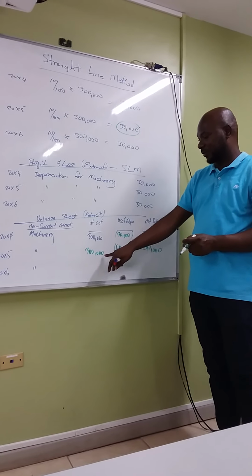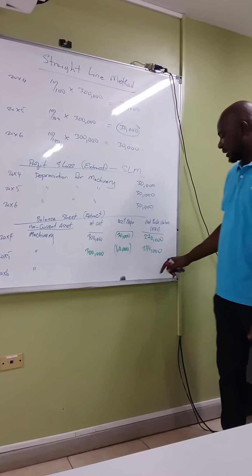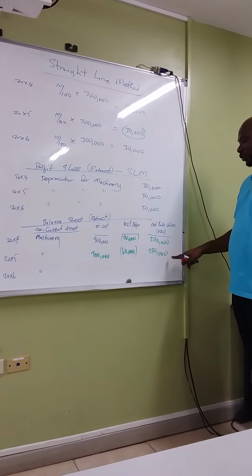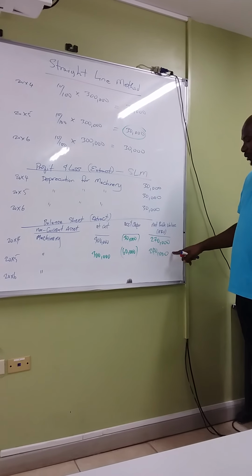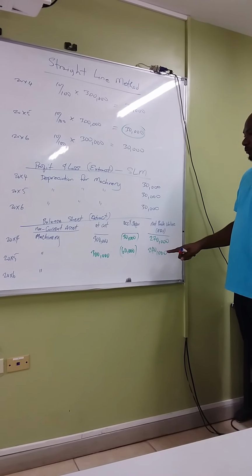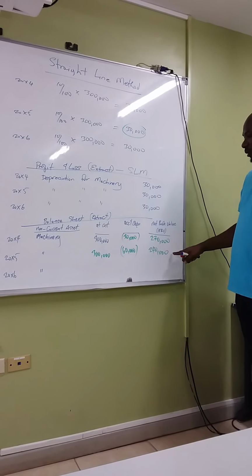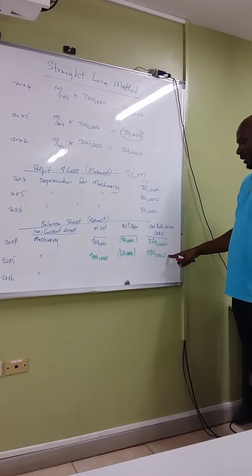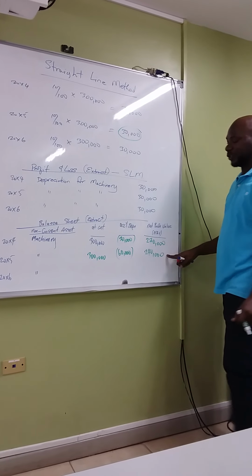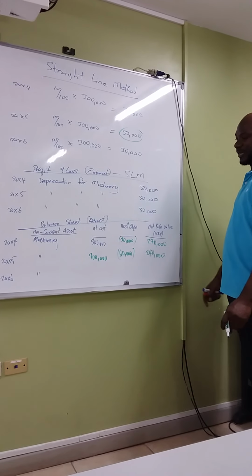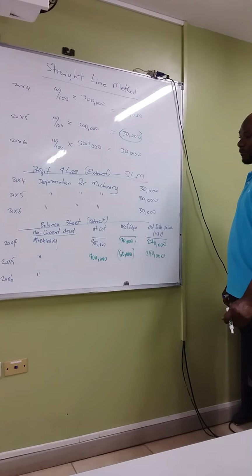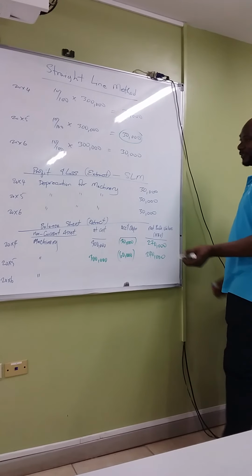When you minus that from the cost price, it gives you a new net book value of $240,000. So we're saying here, based on this question, at the end of 2005, the value of your machinery was $240,000. Your cost price doesn't change. That's what you acquired the asset for. Can't change, right?